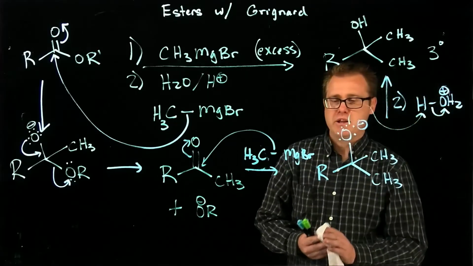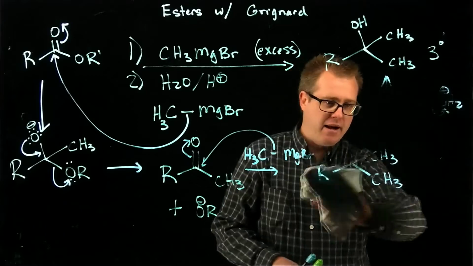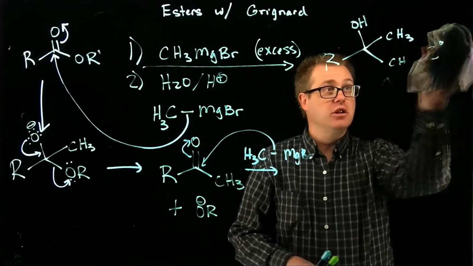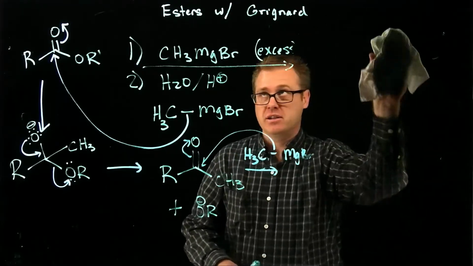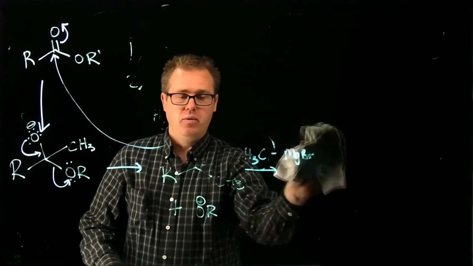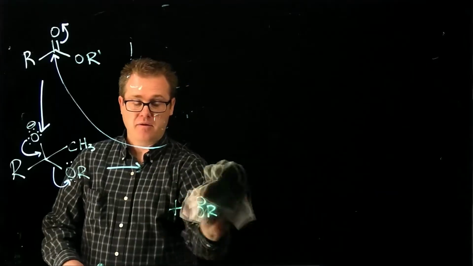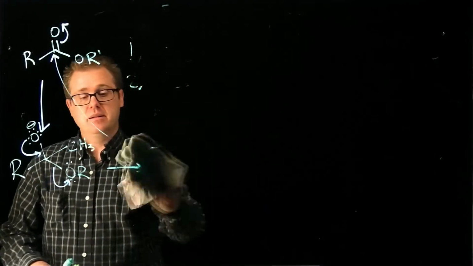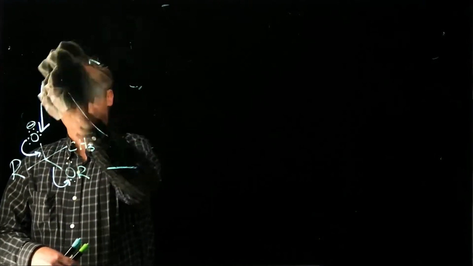So let's just mention, how do you prepare amides? And we've looked at a lot of reactions in this chapter. We can make amides from acid chlorides, acid anhydrides. We could even use esters.